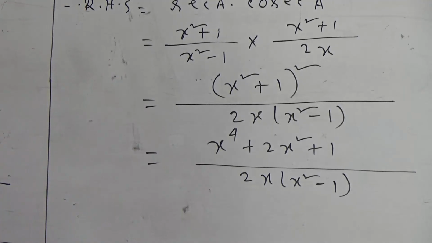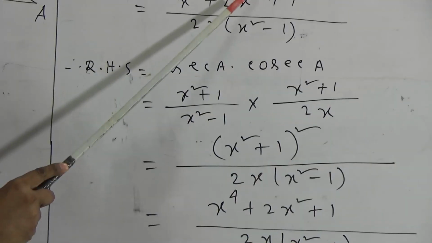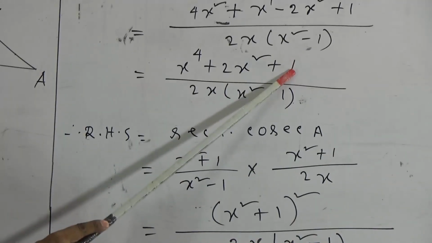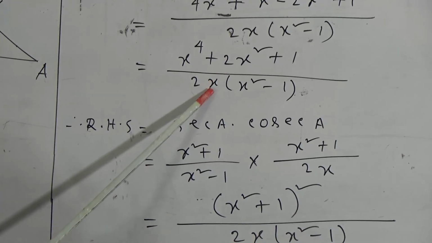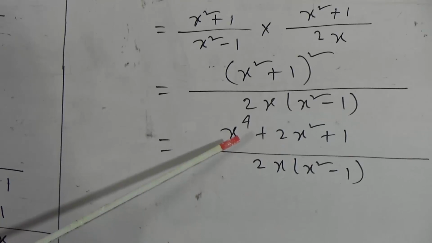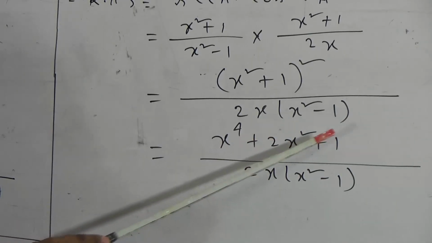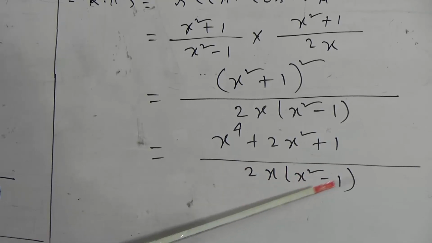Dear students, you observe that the value of the left hand side is x to the power 4 plus 2x square plus 1 divided by 2x into x square minus 1, and the value of the right hand side is also x to the power 4 plus 2x square plus 1 divided by 2x into x square minus 1.